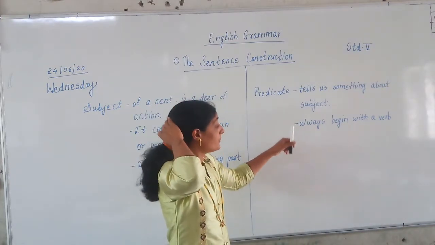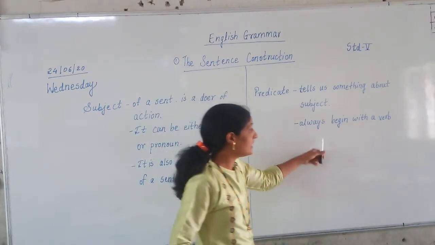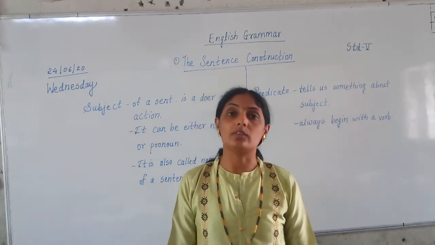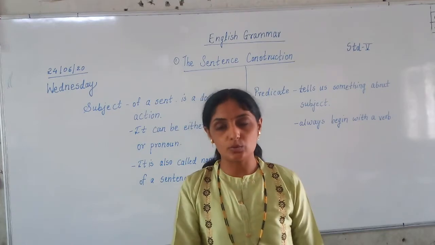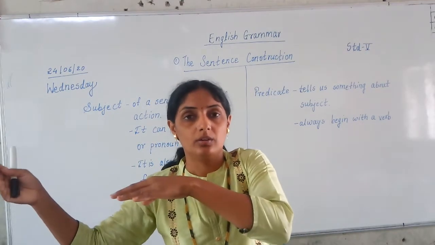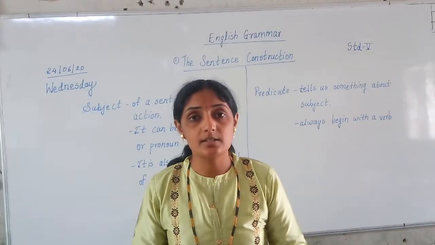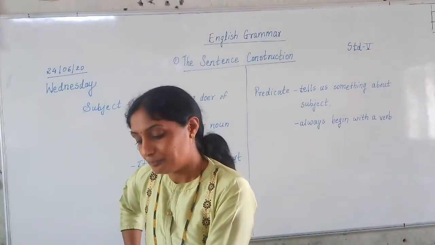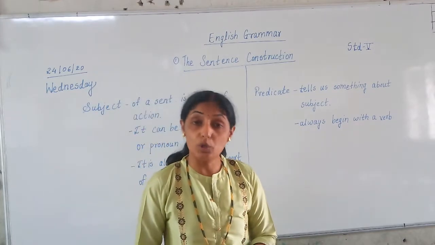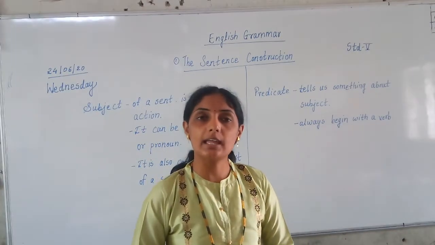Predicate always begins with a verb. Now in yesterday's sentence, if I take Rahul acts like Robin Hood, what will be your answer if I ask you for the predicate?